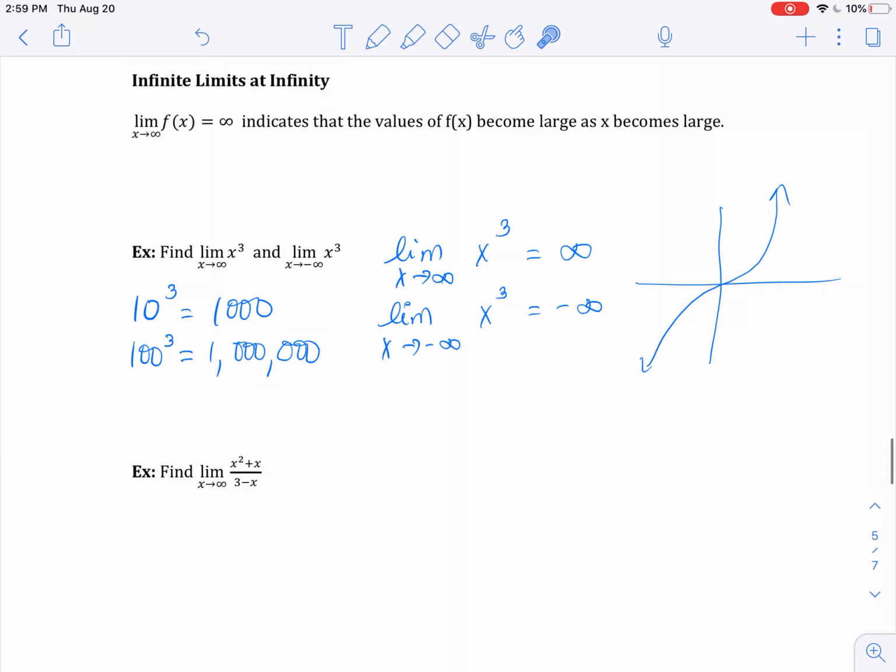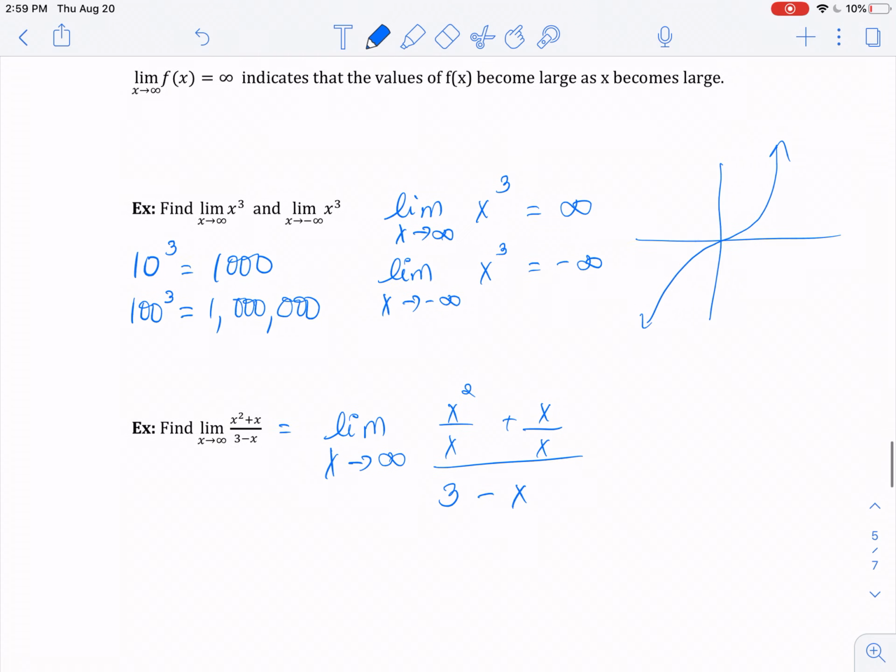So like I said, if you have a rational function like this, you need to divide by the highest exponent of the denominator. So for this one right here, x approaches infinity, and I'm going to divide everything by x, because as you can see, the denominator is 3 minus x.